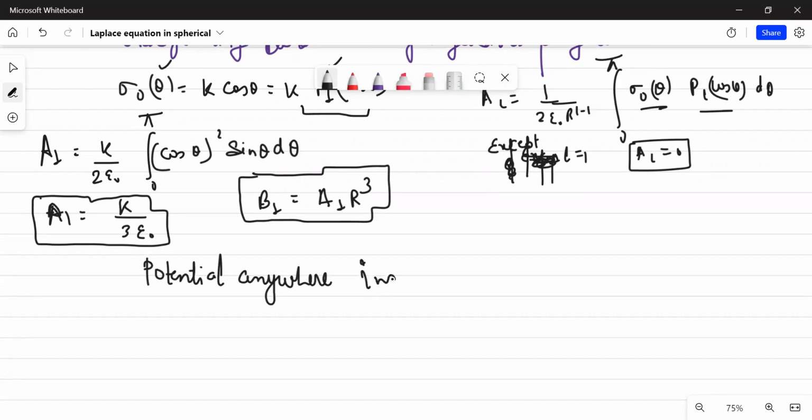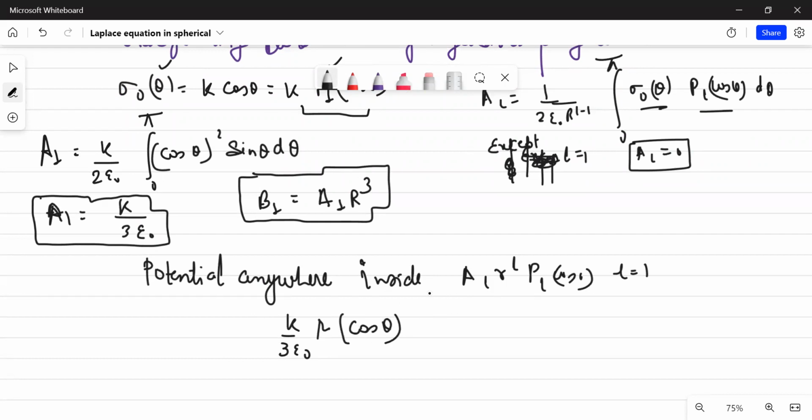So potential anywhere inside can be written as AL R raised to power L PL cos theta for L equals 1, because only L equal to 1 survives. So this will be K upon 3 epsilon naught, and then you have this R, and then this P1 cos theta, so this will be cos theta.